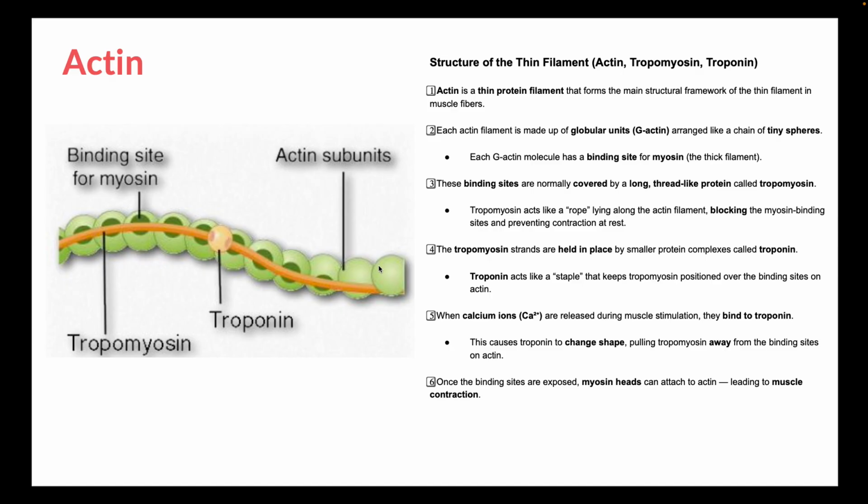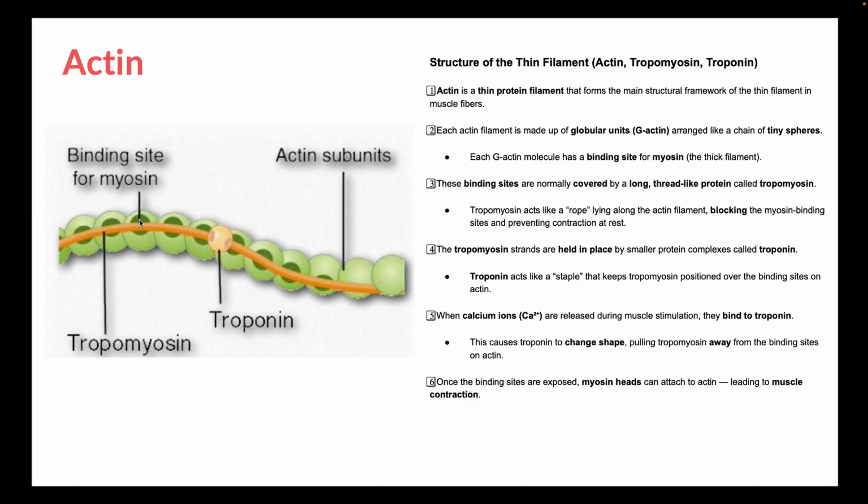And you can see it's made up of a lot of globular units, or globular actin. So these are like subunits. They are like spheres chained together. And on top of each of these, there are some dots. And these black spots are called the binding sites on the actin.